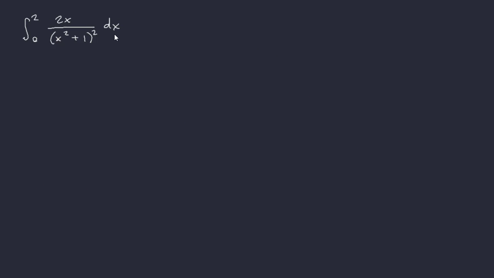All right, so to give you an example, let's look at the definite integral from 0 to 2 of 2x all over x squared plus 1, all squared. So this will definitely be a u substitution since we have stuff squared in the denominator here. Right, so this is going to be our u.